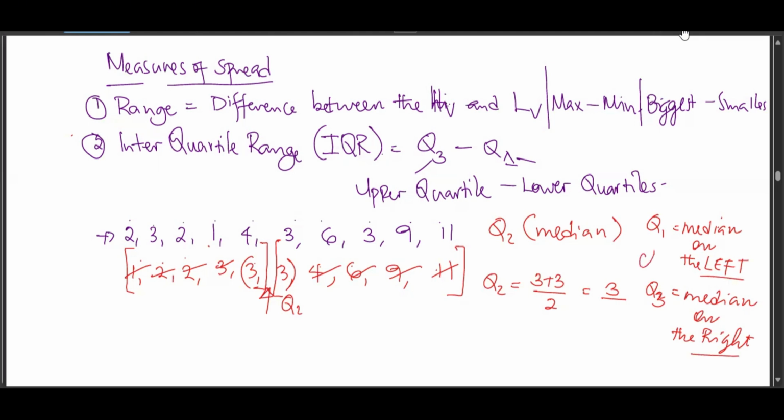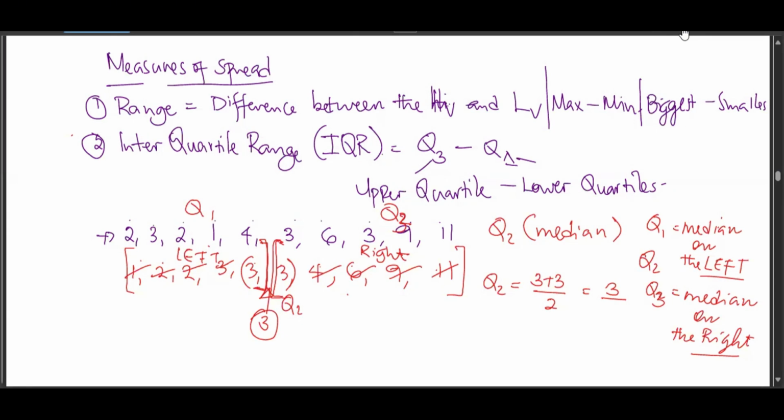Q2 is the one that determines. We've got our Q2 as 3, but since we divided 2 numbers, there's no definite number, so we split it here. On the right-hand side we expect to see the upper quartile, Q3, and on the left-hand side we expect to see our lower quartile, Q1.